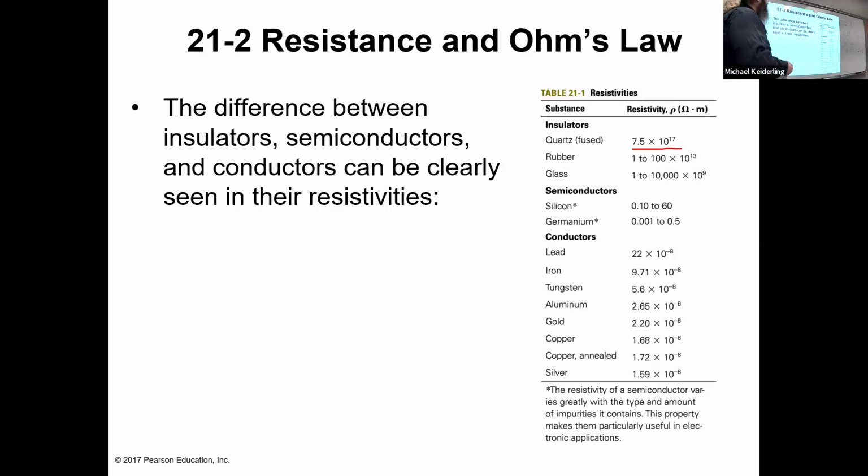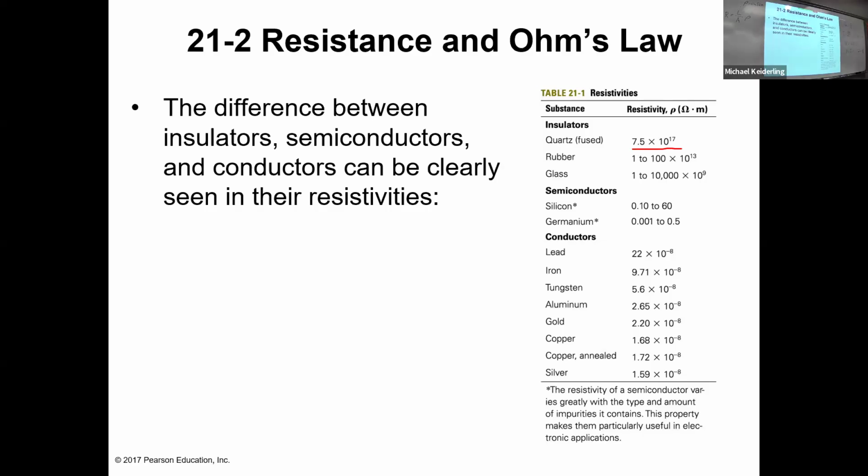And then conductors have much smaller resistances. So lead is 22 times 10 to the minus 8 resistivity. Iron is 9.71 times 10 to the minus 8. Tungsten is 5.6 times 10 to the minus 8. Aluminum is 2.65 times 10 to the minus 8. Gold is 2.2 times 10 to the minus 8.